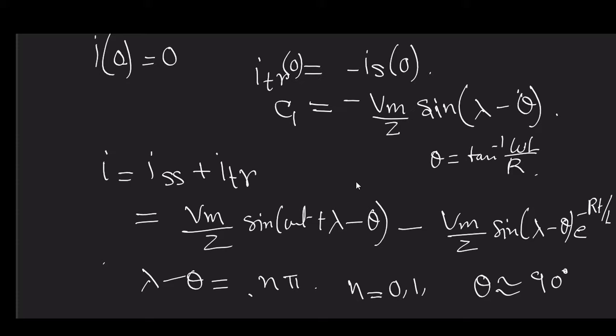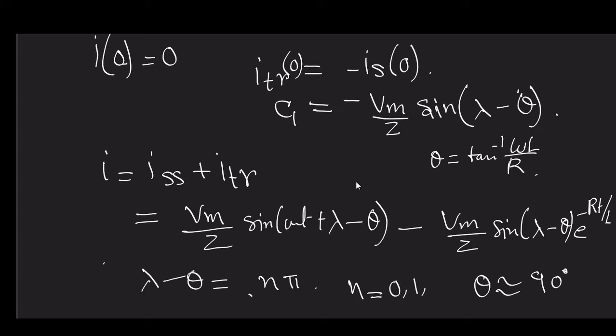However, one thing I would like to give you as food for thought. You should notice that even if our transient current is maximum, does it always imply that I is maximum? Because you can see the steady state part and the transient part are acting, apparently, in opposition.